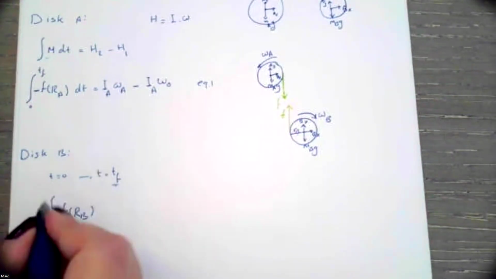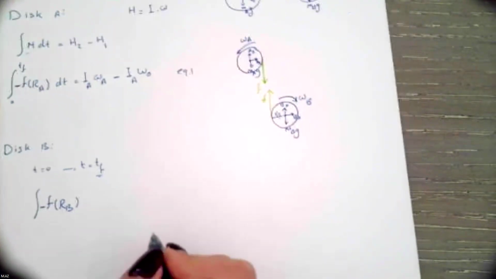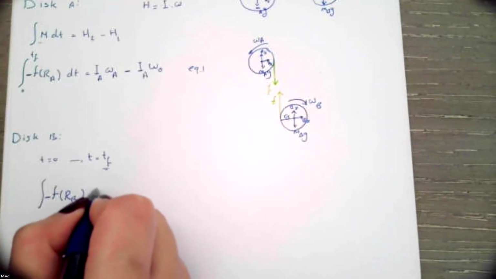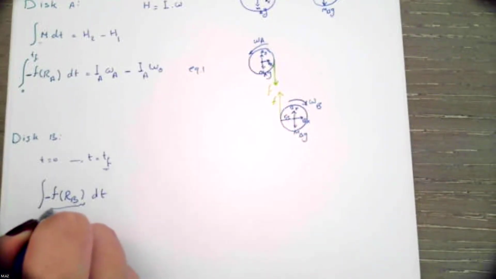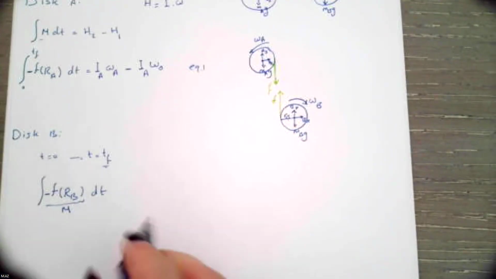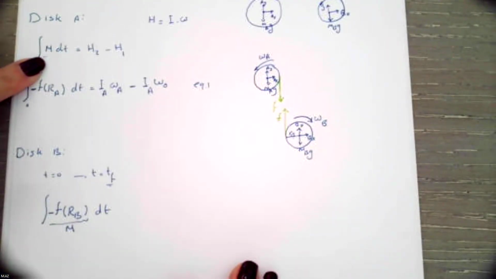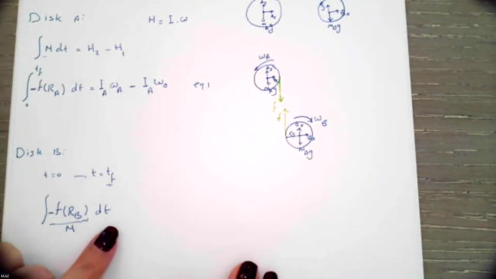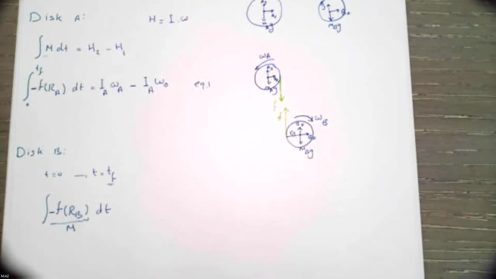It is clockwise, so it is negative, times dt. This part is talking about the moment, and now we have to take an integral with respect to time.